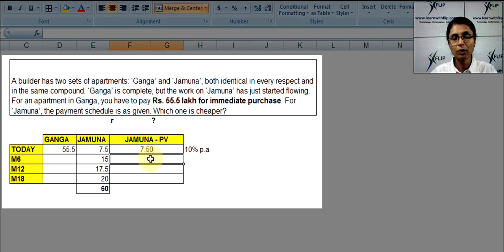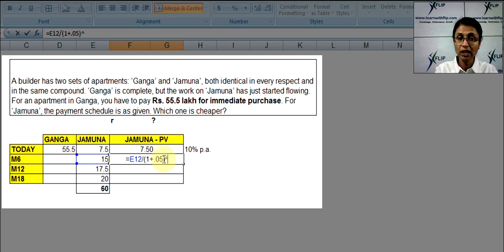So this 10% per annum, we have to take a 6 monthly rate, or 5% for every 6 months. So I'm going to present value my 15 lakh divided by 1 plus 0.05, right? That's 5% raised to 1, because it is 1 6 monthly period.